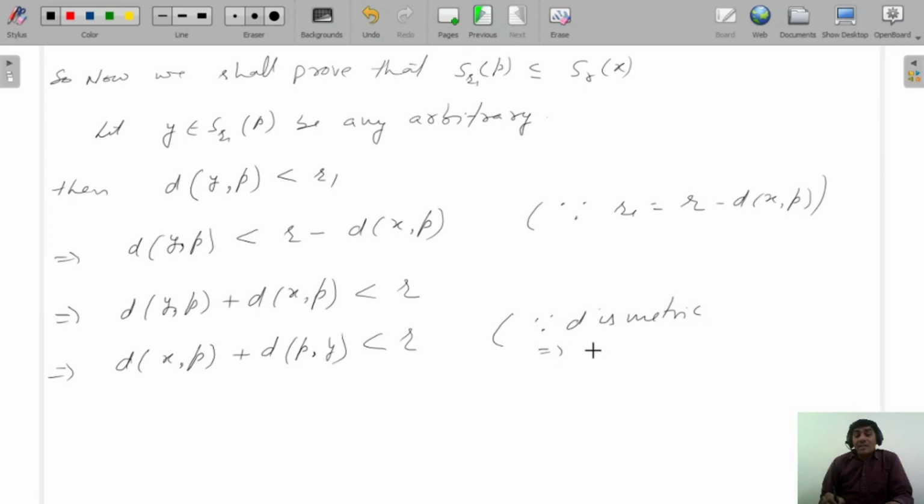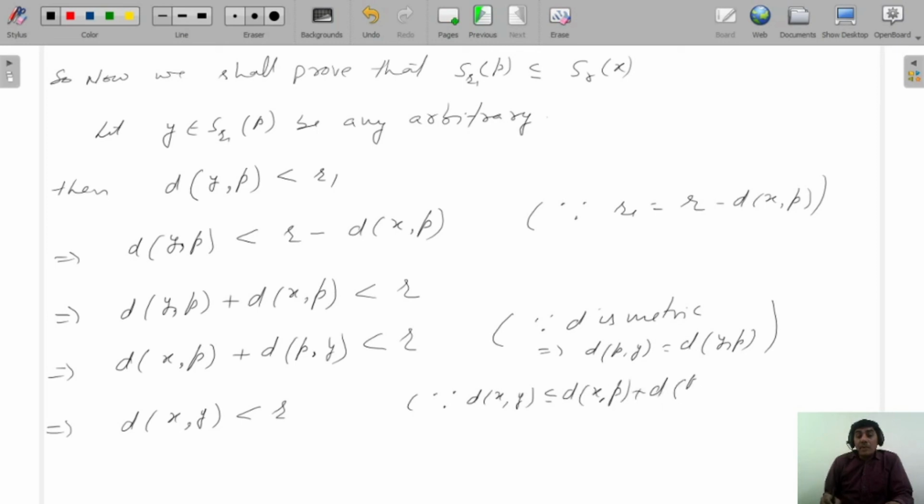This implies distance between p and y is equal to distance between y and p. This implies distance between x and y is less than r, because d(x,y) is less than or equal to d(x,p) plus d(p,y).